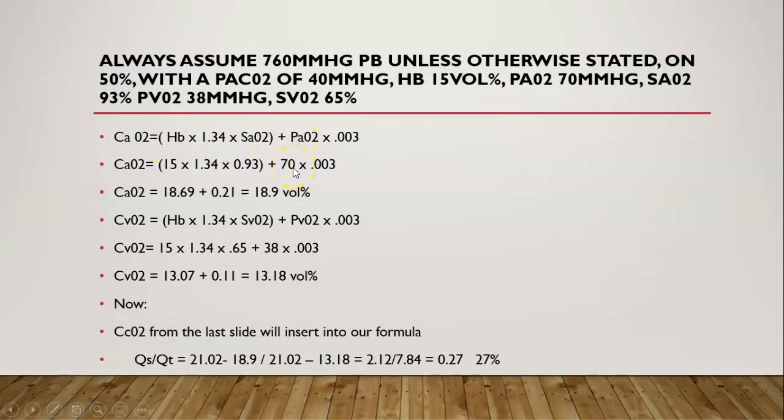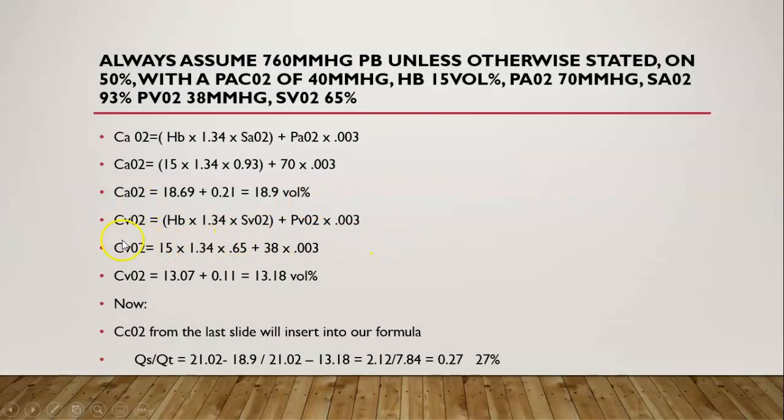We look up here and there it is, the P little a O2 is 70. And so we plug that in, times the dissolved of 0.003. So now we have 18.69 plus 0.21, which is equal to 18.9 volumes percent.